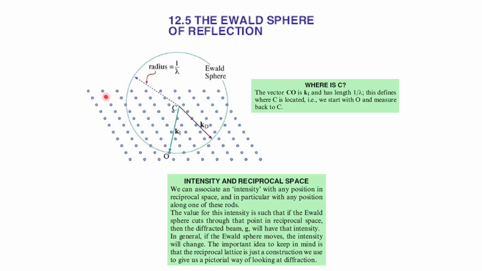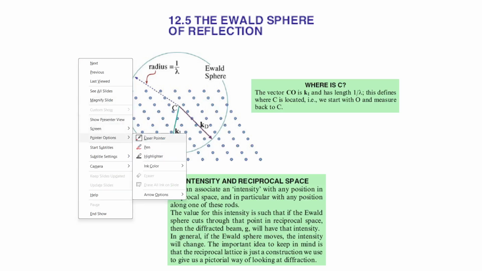So if we have these diffracted spots and you have your incident beam shown by this blue line, then you will have the Ewald sphere, which you all know. Let me select the pencil and explain.